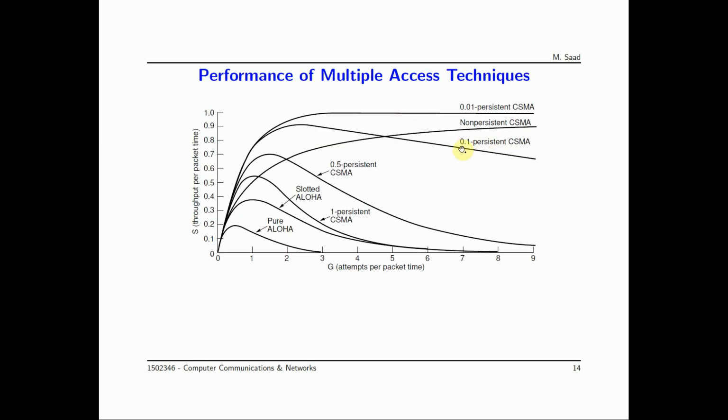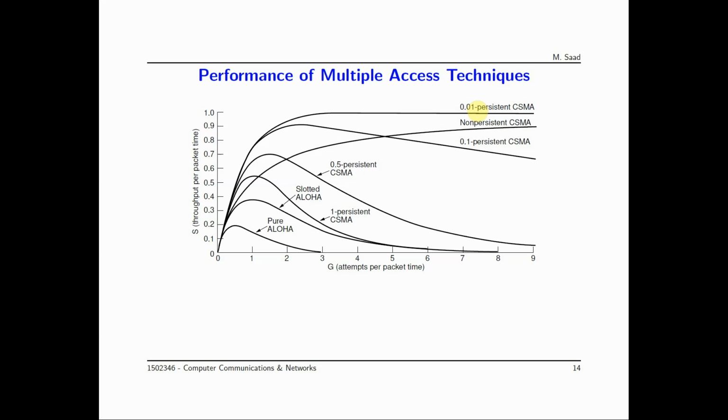So when you find the channel idle, 10% chance you transmit, 90% chance you don't transmit and wait until the next time slot. 0.01 persistent means if the station finds the channel idle, 1% is the probability of sending, only 1%, and 99% chance we will wait until the next time slot to try again.